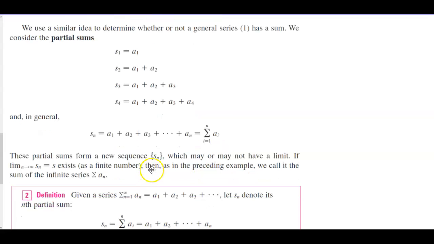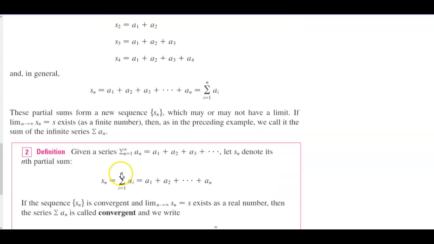Now these partial sums form a new sequence, which may or may not have a limit. So if the limit as n approaches infinity of that new sequence equals s and exists as a finite number, then as in the preceding example, we call it the sum of the infinite series a subscript n.